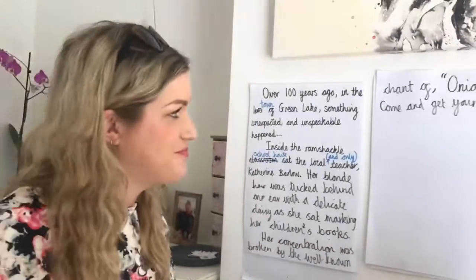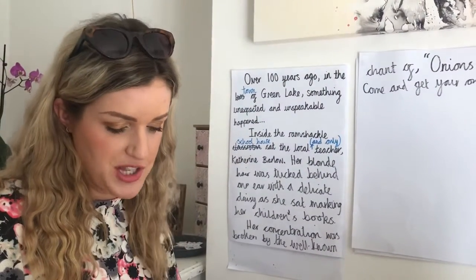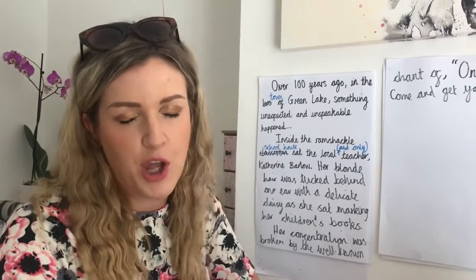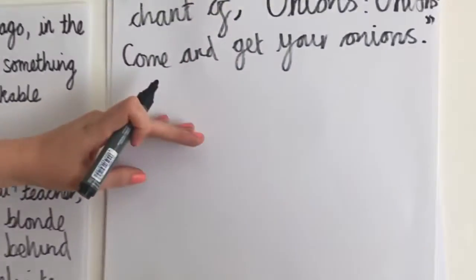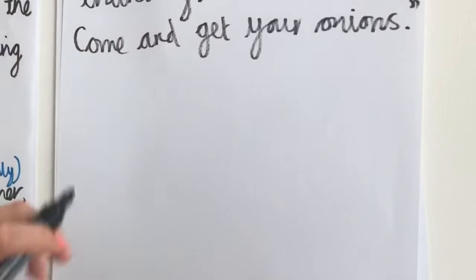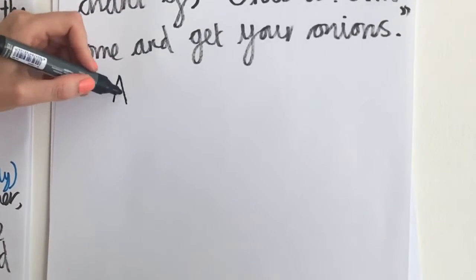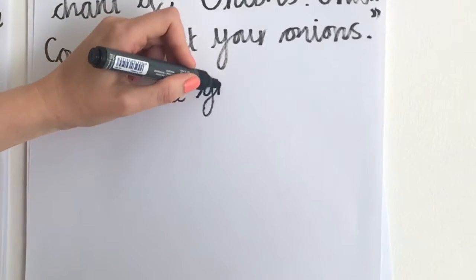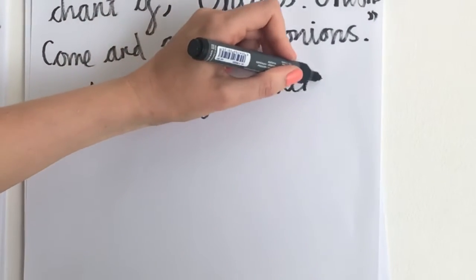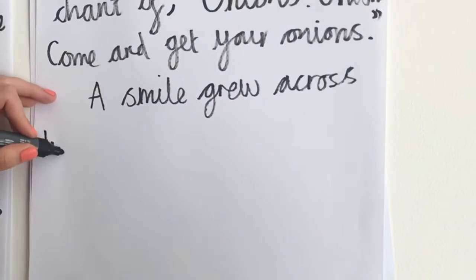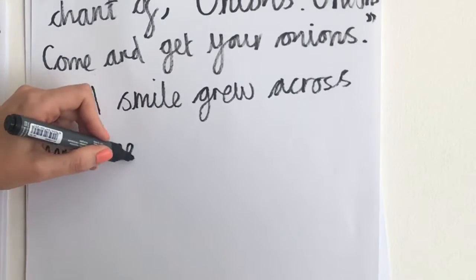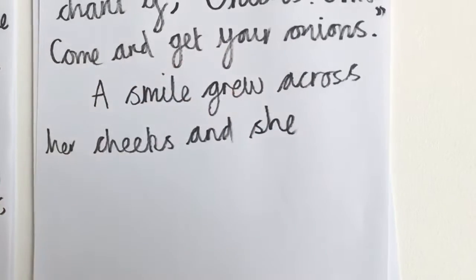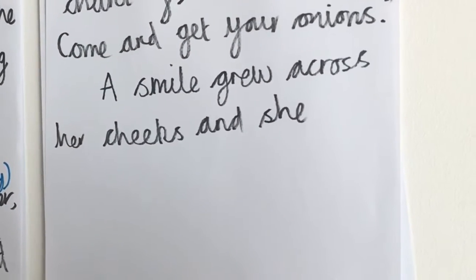Okay, now let's include a lovely bit of show not tell, because we know that she has a big crush on Sam, don't we? We all know. So, new paragraph, because we're moving on from speech, we're doing a bit of action here. So, a bit of show not tell. A smile grew across her cheeks, and we want to show she's in a rush, so what verb could we use?